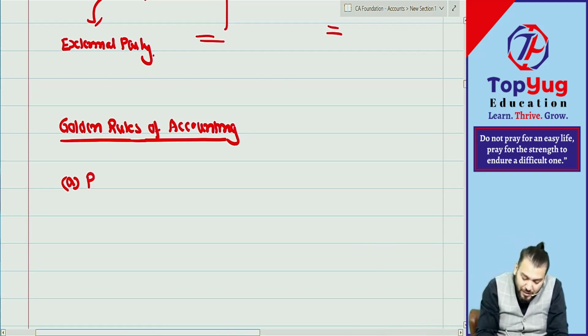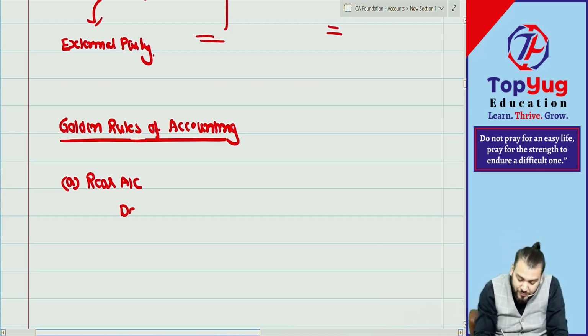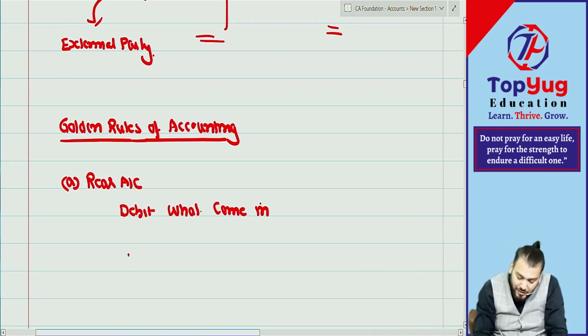So can you say it can be a real account? Now you know what a real account is. So what is the rule? You only say. Debit what comes in. Credit what goes out. Very good.